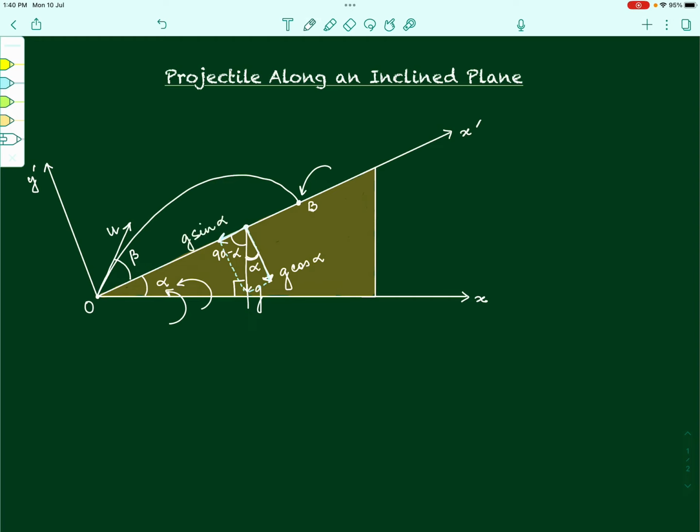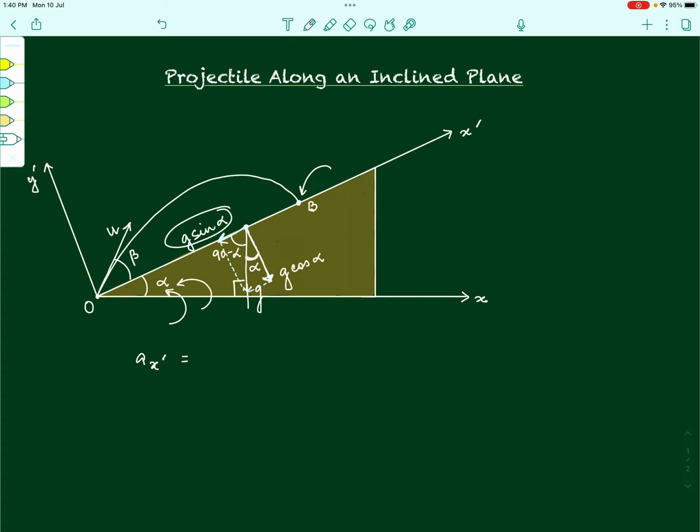So, this time the acceleration that our projectile will have along the x dash and the y dash directions will be as follows. The acceleration along the x dash direction will be g sin alpha, with a minus sign because it is pointing towards the left, whereas we have taken the x dash direction along the right as positive.